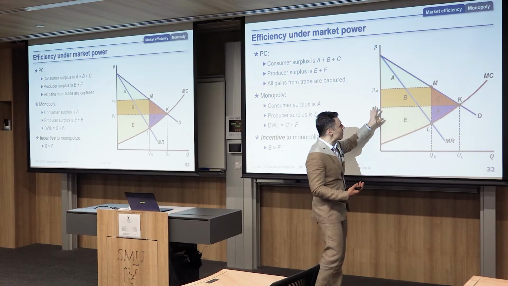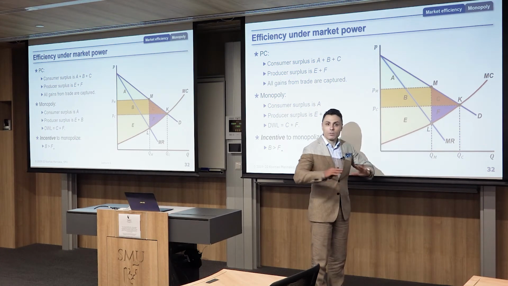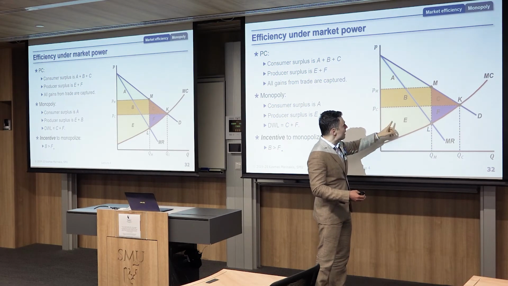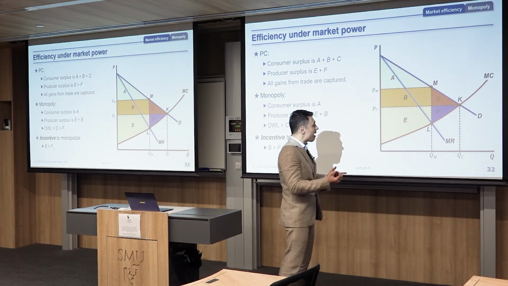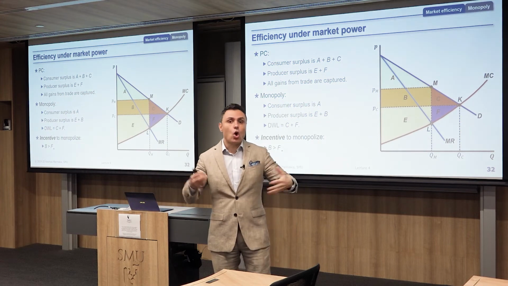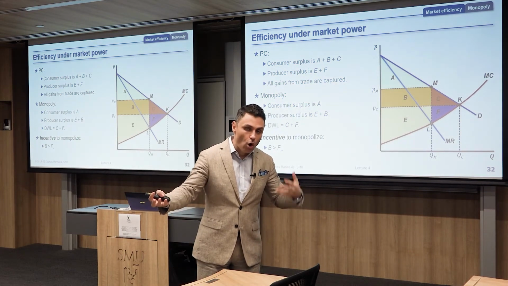They will deprive area B and C from the consumers. C nobody gets, but B the monopolist gets to keep, and then the monopolist would also lose F. So as far as this monopolist is concerned, the whole deal boils down to what do I want, F or B?